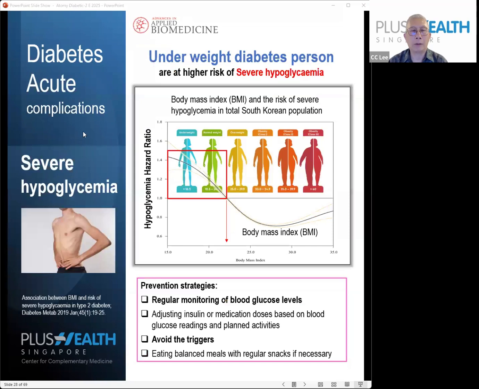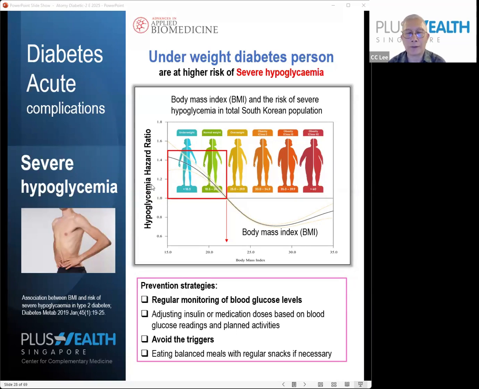Okay. Now, who is at risk of suffering from hypoglycemia or severe hypoglycemia? Actually, that's a very interesting finding that I want to share for everybody's information. For a diabetic patient, if you are not obese, in fact, if you are underweight, then you run a higher risk of suffering from severe hypoglycemia compared with a person who is overweight.